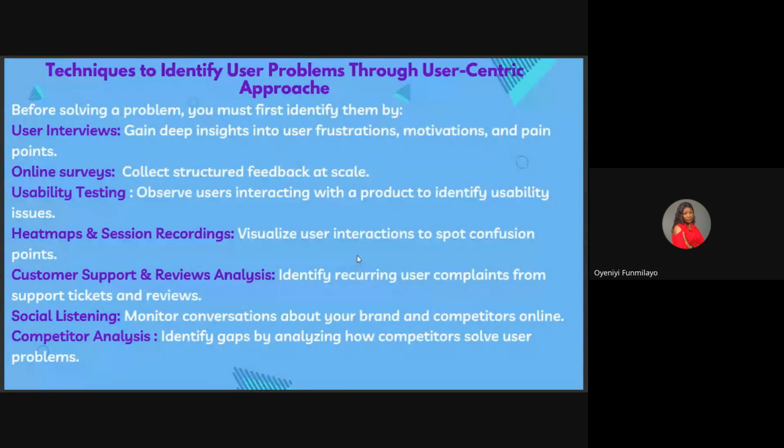A brand like GT Bank, I'm sure they will do usability testing before they release it, because you call people, that's your customers, to use this product, and you watch them use the product. That way you'll be able to know if they can actually interact with the product.